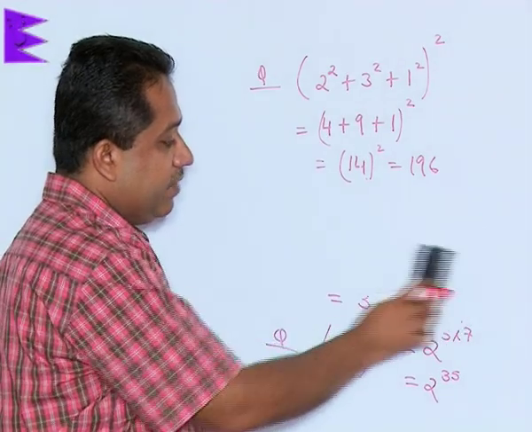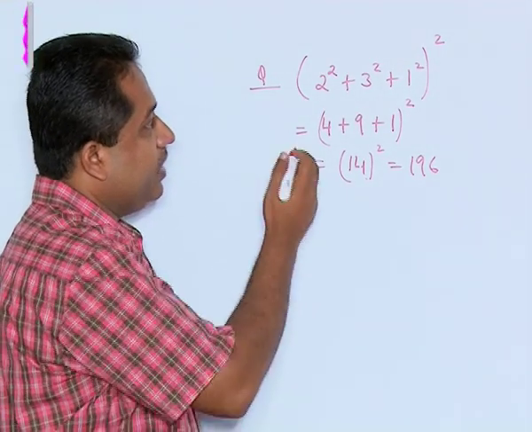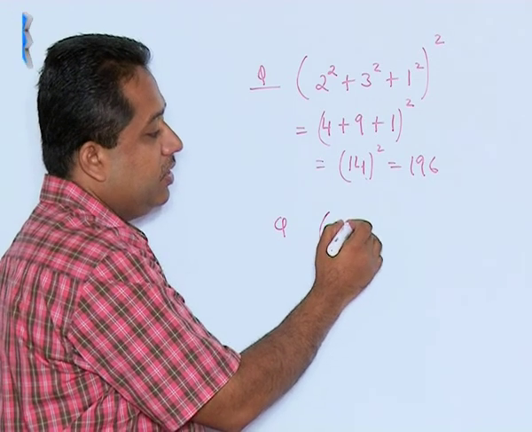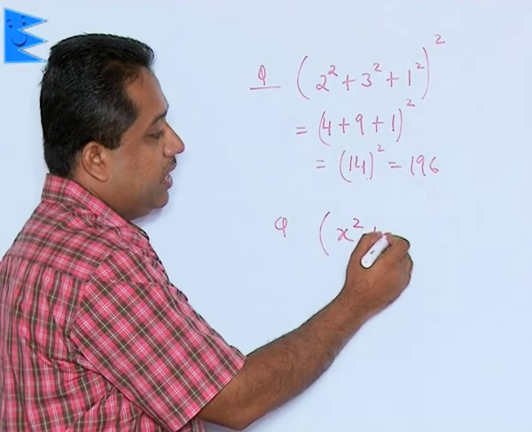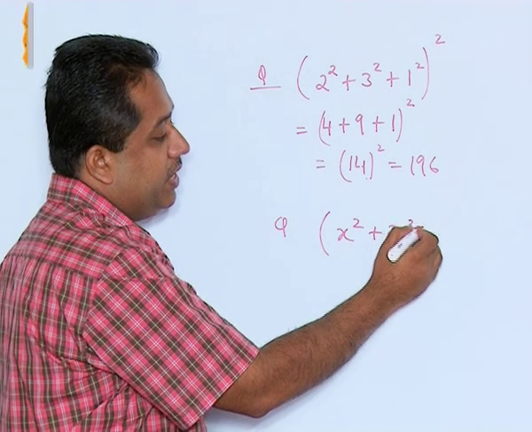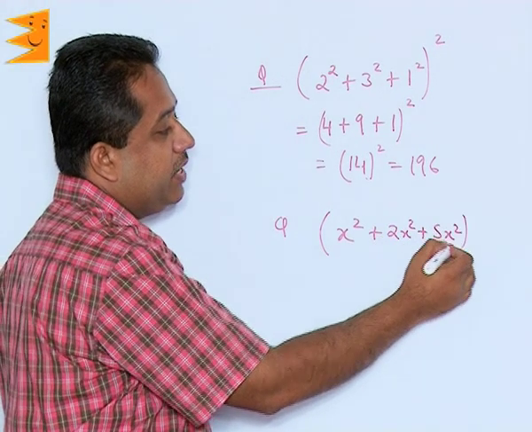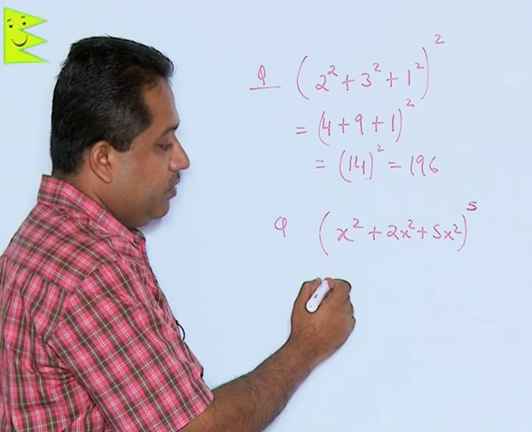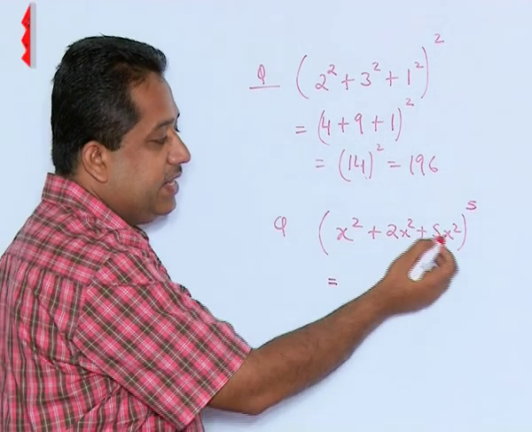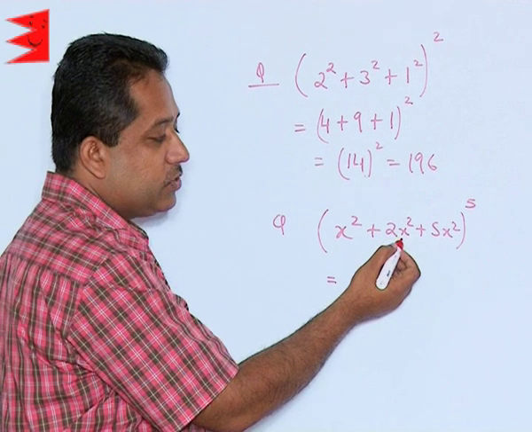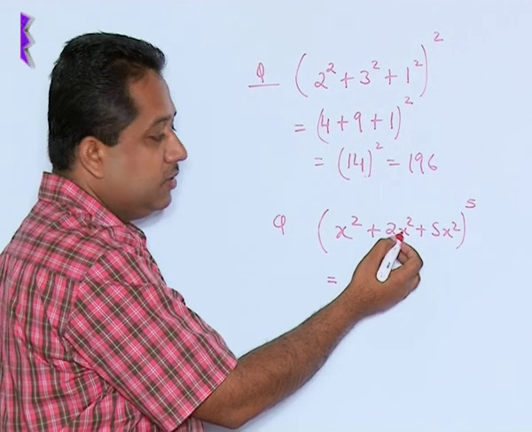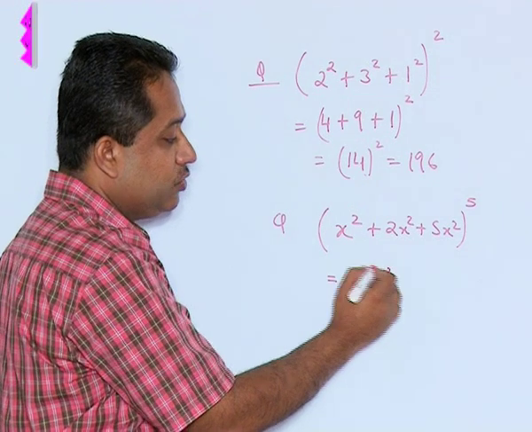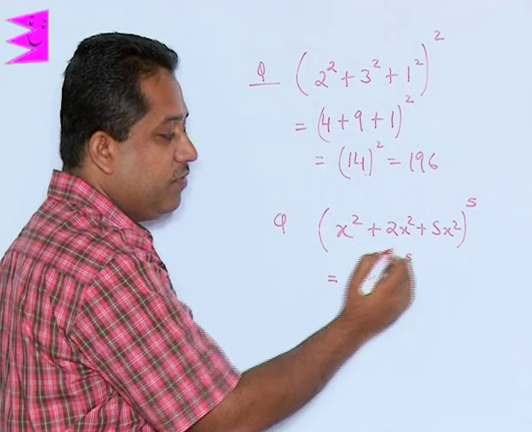But if we are having, let's say, a question of the same type with variables. So let's say we have x square plus 2x square plus 5x square whole raised to the power of 5. Now in this question, what are we going to do? We are going to add these. So x square and 2x square will give us 3x square. 3x square and 5x square will give us 8x square. So we get 8x square to the power of 5.